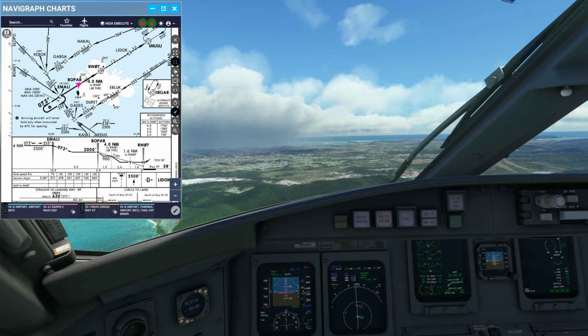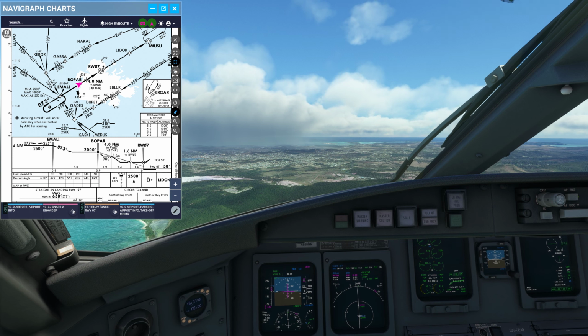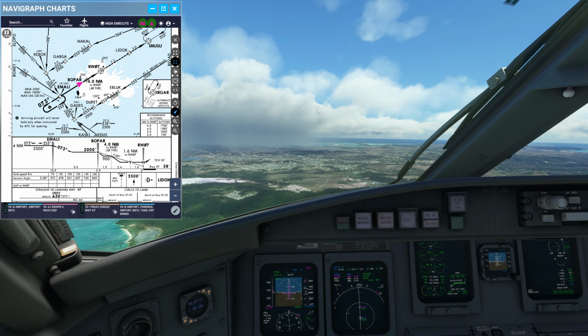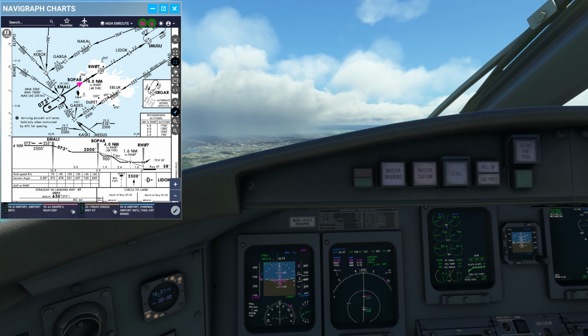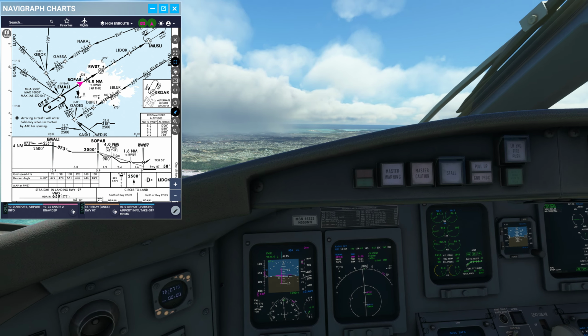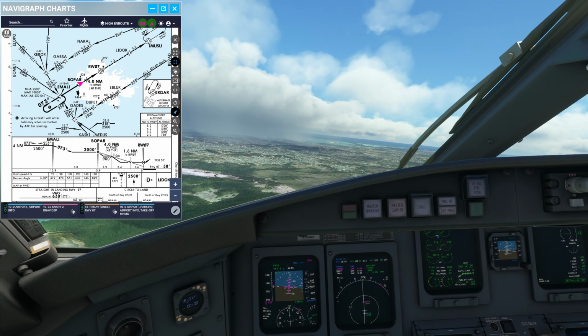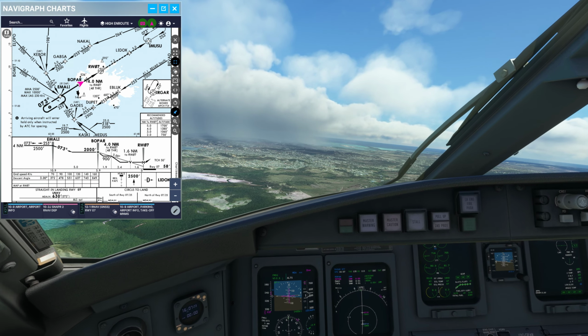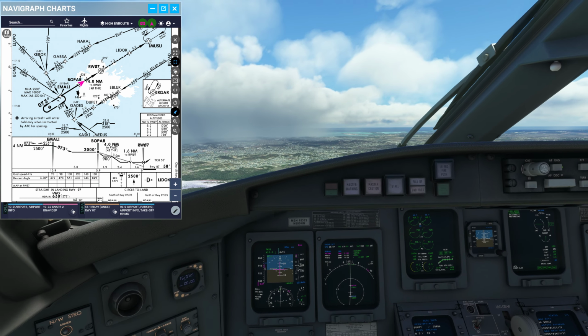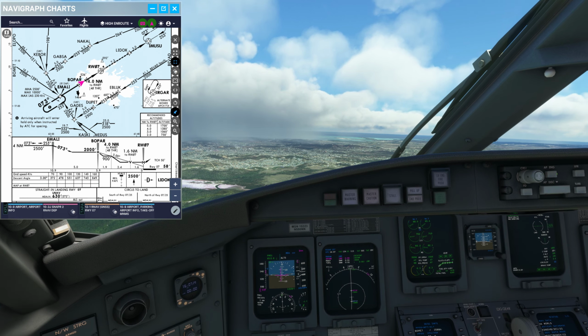Now, ground speed is 113, so 600 feet is the most I want. Now at 40 threshold, which is in 1.5 nautical miles, I want to see 1,380 feet. I'm keeping my power right where it is.